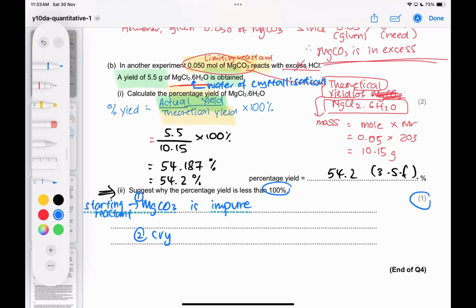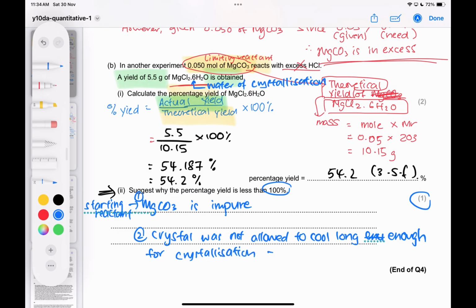Here it could be that the crystals were not allowed to cool long enough for crystallization to take place. These are the possible reasons, but of course, if it's only 1 mark, I would strongly recommend you to just write down that the starting reactant is impure.